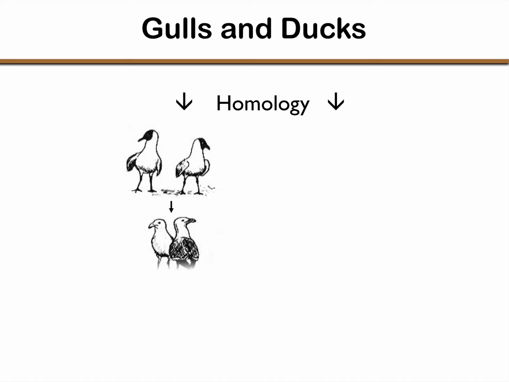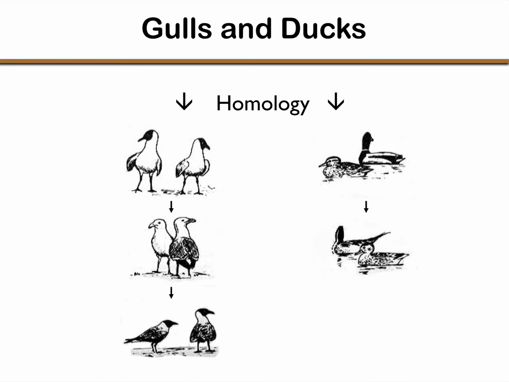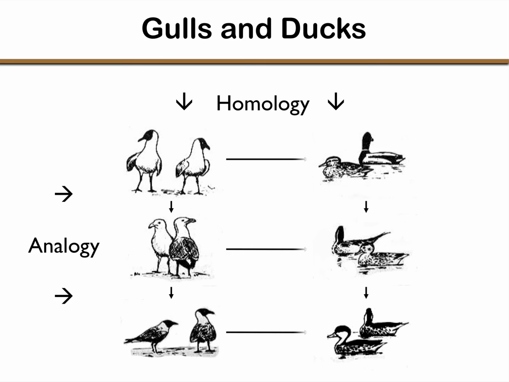What is interesting is among gulls, this head-turning display is homologous from one gull species to another gull species. And the head-up, tail-up display in ducks, homologous from one duck species to another duck species. But between gulls and ducks, they are only analogous.